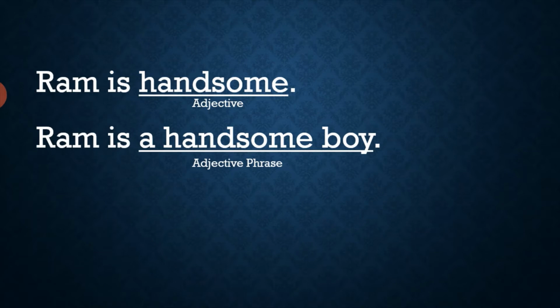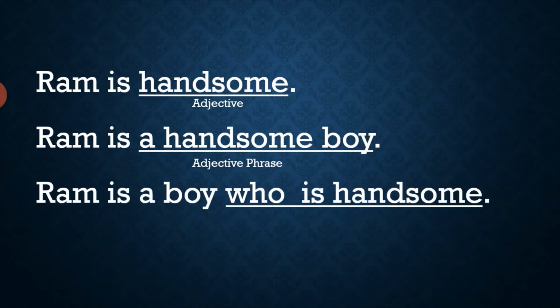Okay, then next sentence: Ram is a boy who is handsome. So in the third sentence again the same noun of the sentence, that is Ram. Now here also a group of words is underlined, but here is a little bit of difference. In the phrase there is a group of words, and in the clause also there is a group of words, but the difference is that in the phrase there is no subject and verb, but in the clause there is a subject and verb.